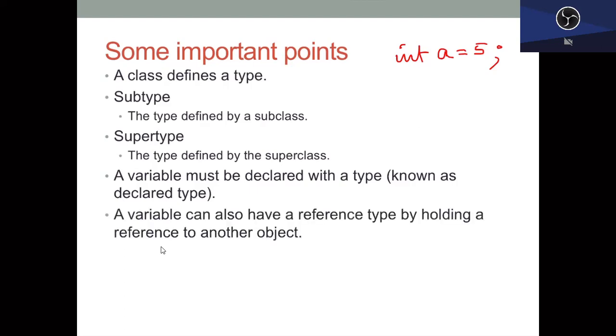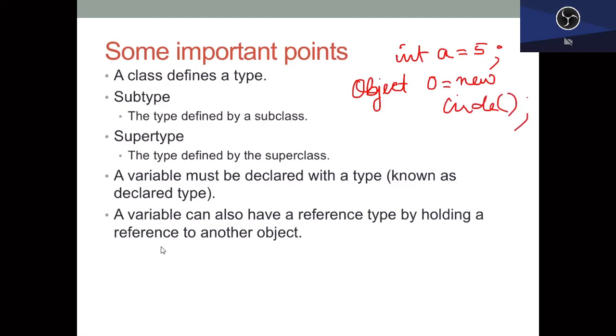Then I may also have a variable which has a reference type by holding a reference to another object. This is what I mean by a reference type. Suppose I write Object, this is the Object class, o is new Circle.